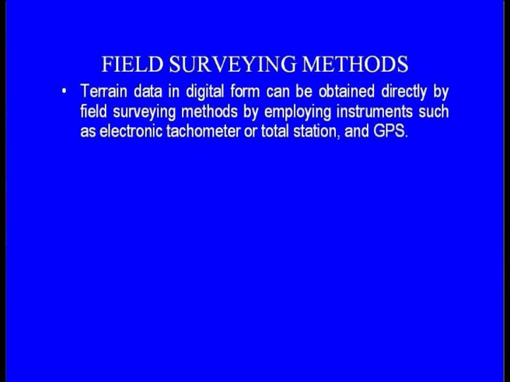The next method could be field surveying methods. The terrain data in digital form can be obtained directly by field surveying methods by employing instruments such as electronic tachometer or total station and GPS.